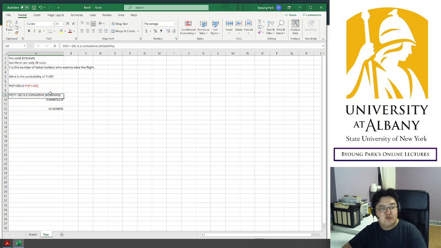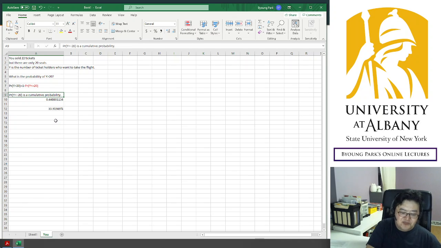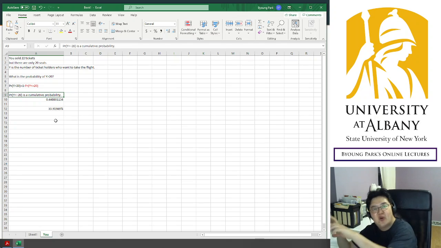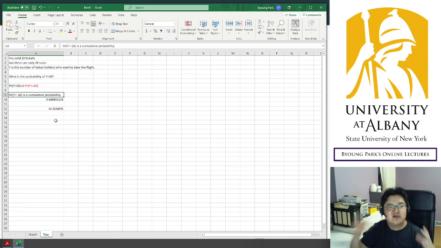But you have to be careful and understand what a cumulative probability is. You can calculate a cumulative probability and then transform it into what you want, so it requires an additional step. If you want to use Excel for your homework, this will be super useful. So try this.